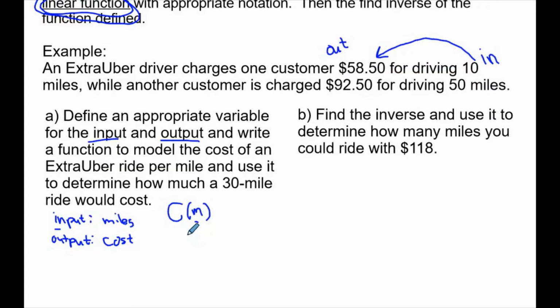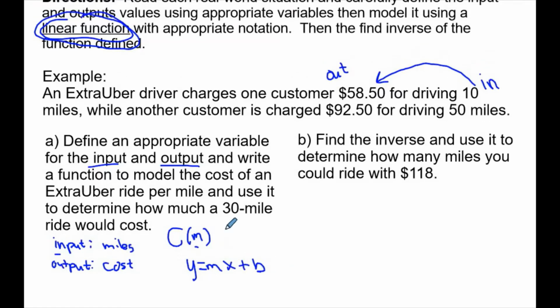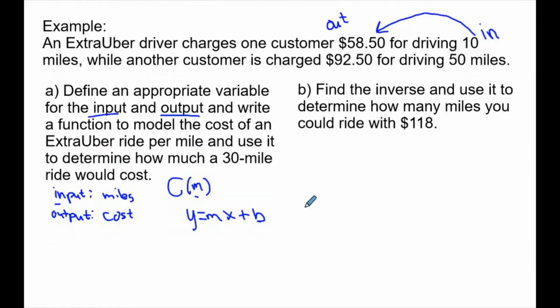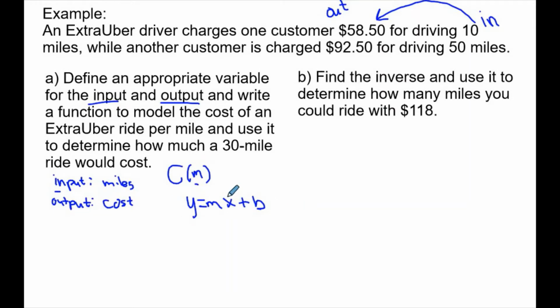Knowing that it's a linear function, we can go back to Algebra 1 and talk about y equals mx plus b. While we're at it, we can talk about whether or not they provided us with a slope or a y-intercept. If you have a slope, it would be what's known as a unit value, meaning something per one of something.